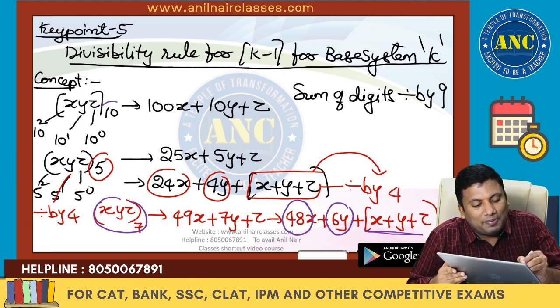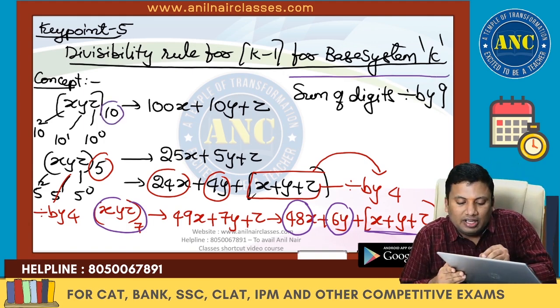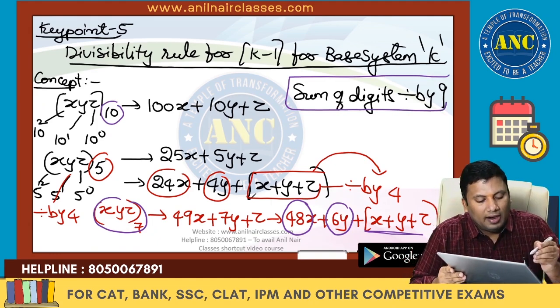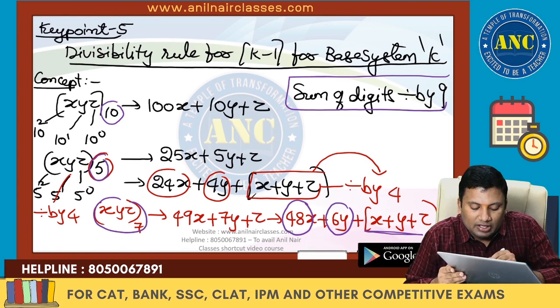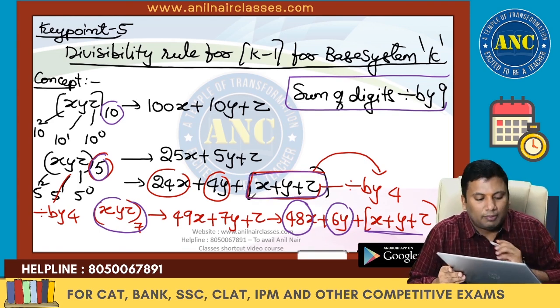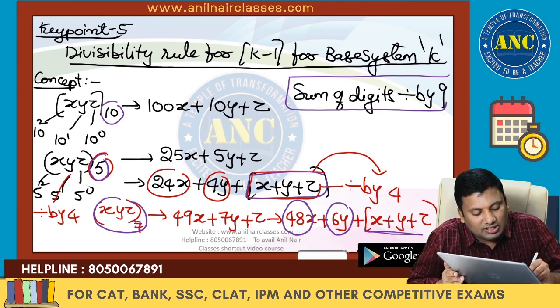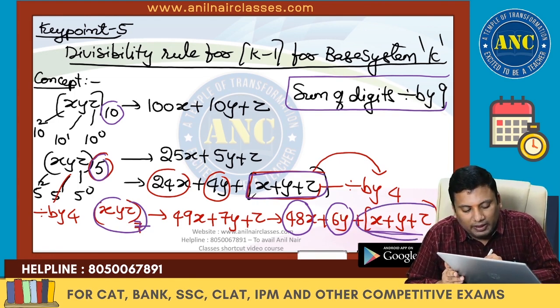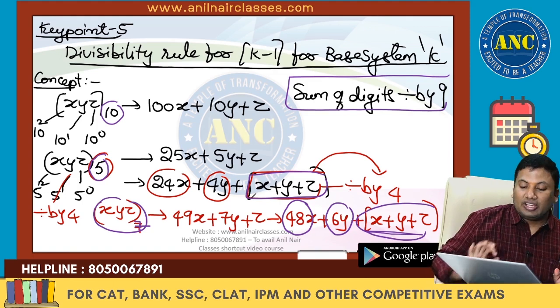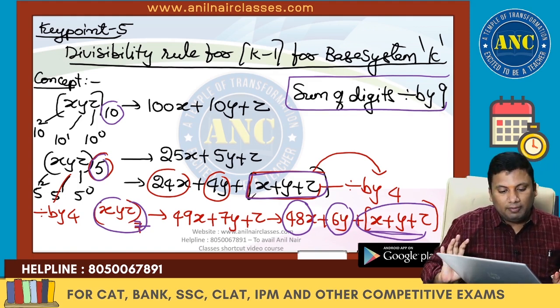That means in base system 10, the sum of the digits should be divisible by 9. In base system 5, divisible by 4. In base system 7, divisible by 6. I hope this point is extremely clear to you.